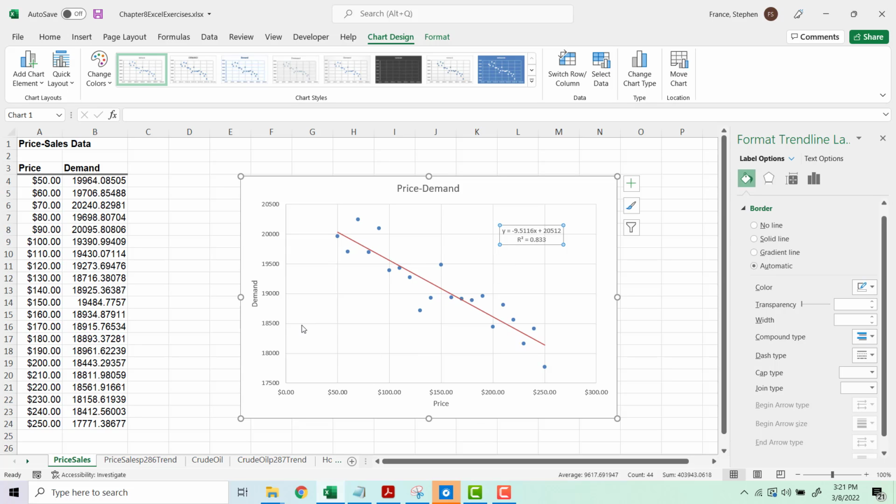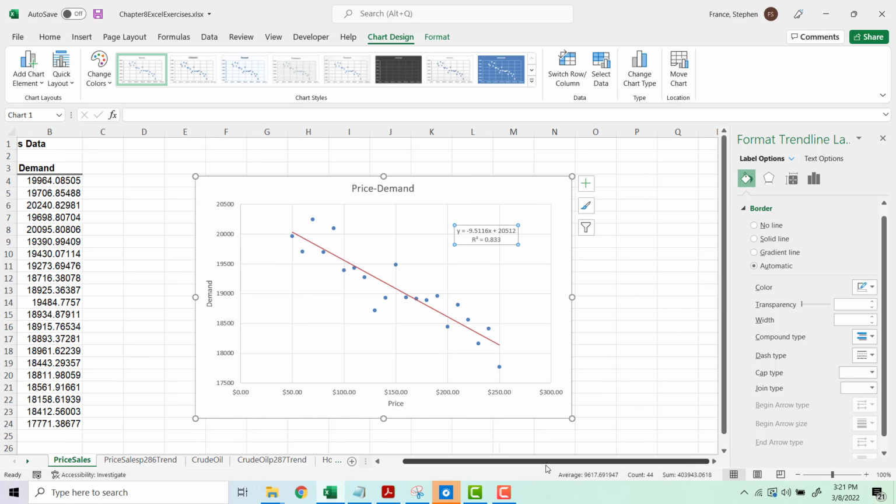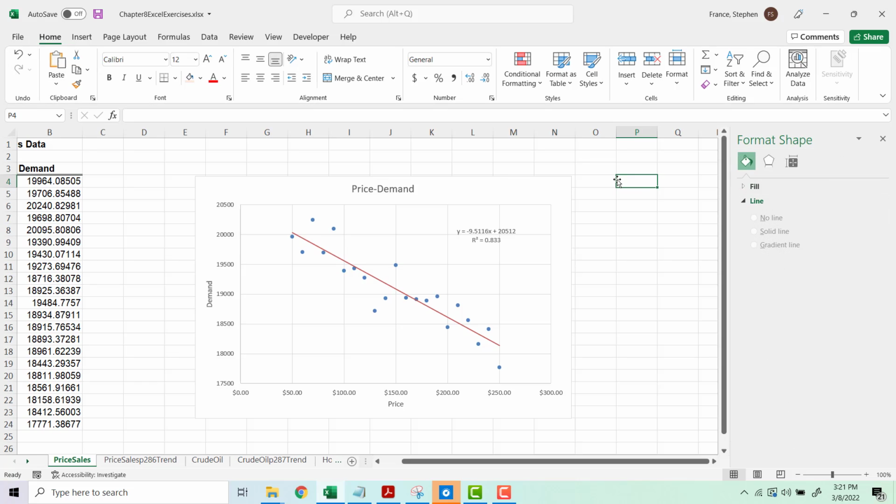Now, we had a little example in the book, so let's do a little calculation. We'll do it to the right of the graph. So we have price, and then we have demand. And then we have a price of 125, and demand is going to be 20,512 minus the price times 9.5116.